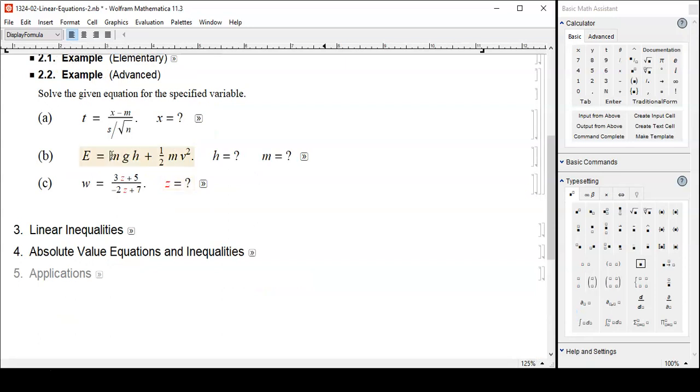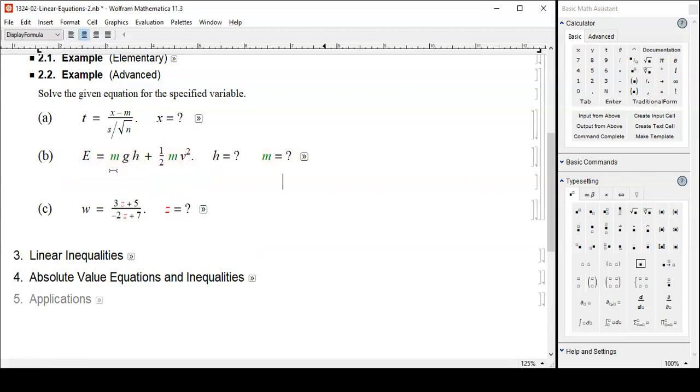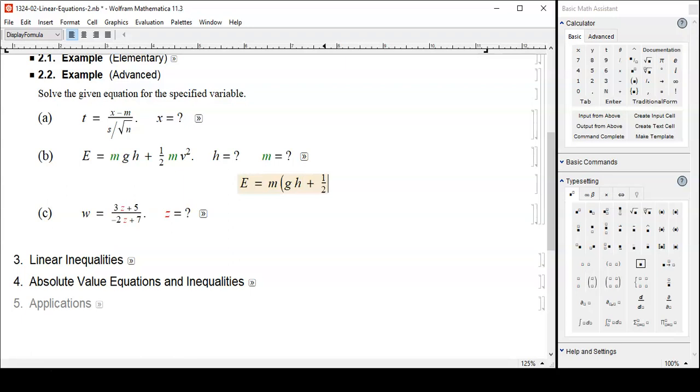In the second problem, you have to find m, and as far as m is concerned, the first term and second term are like terms. They both have m. So how do you combine these? Take m out, gh plus 1/2 v squared, and then you can solve for m.